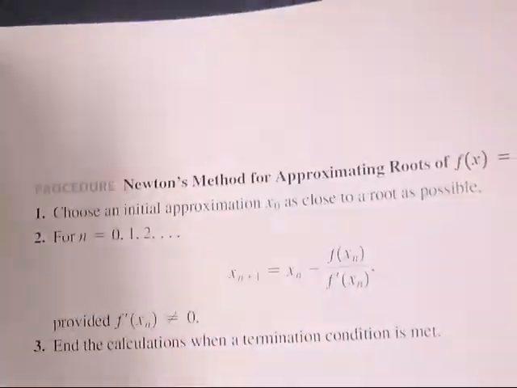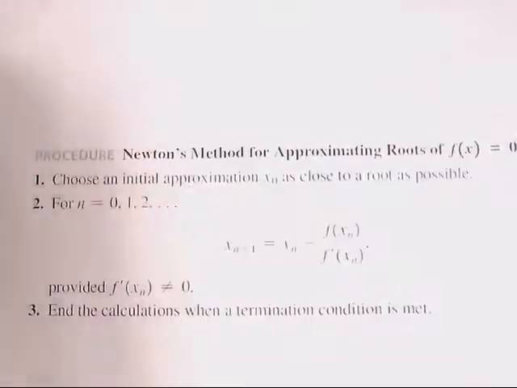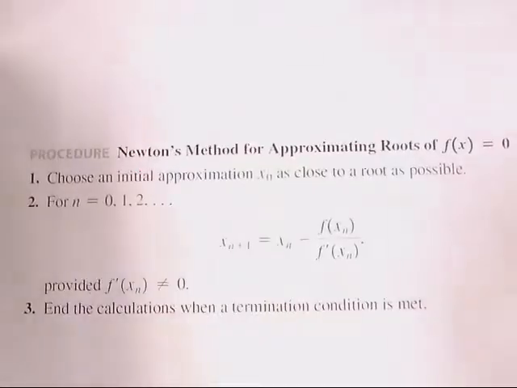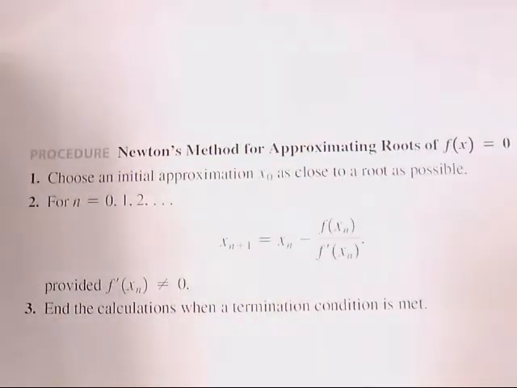And here's a better illustration of that. The procedure is going to be this. You're going to choose an initial approximation of x sub 0 as close to the root as possible. Now, in the examples that we'll do, you'll be given what x sub 0 is to start off with.